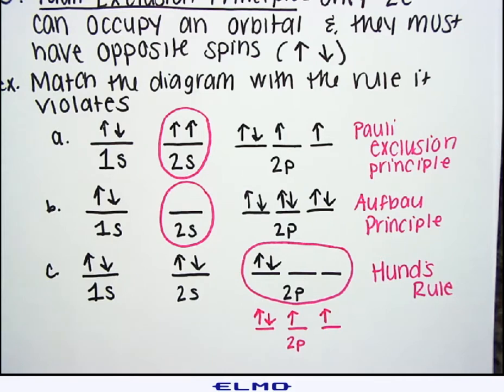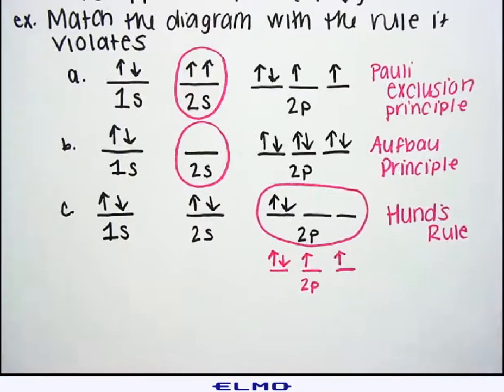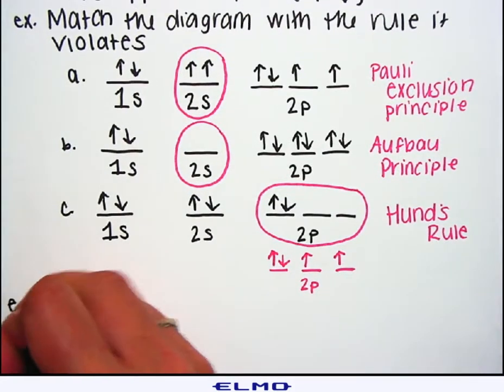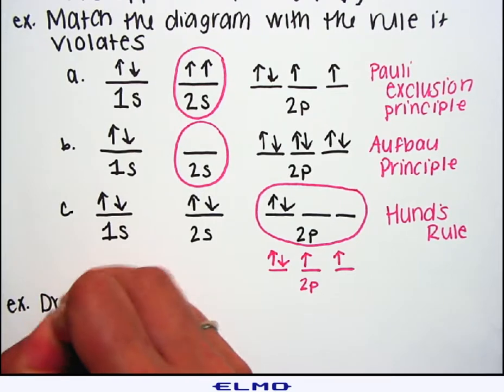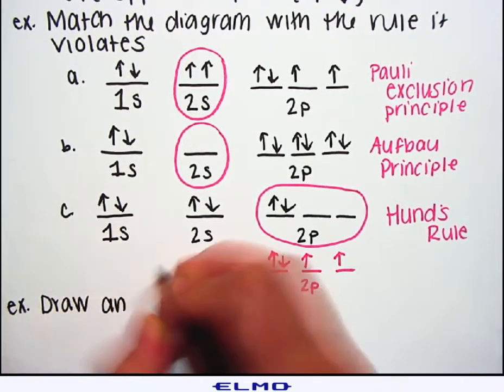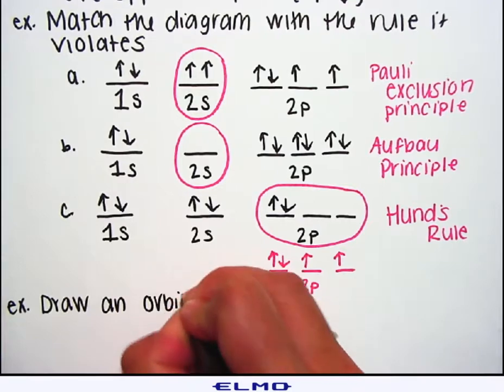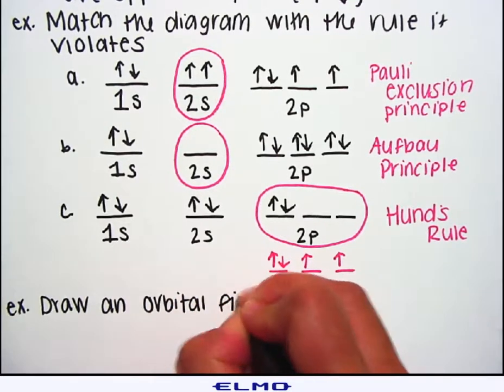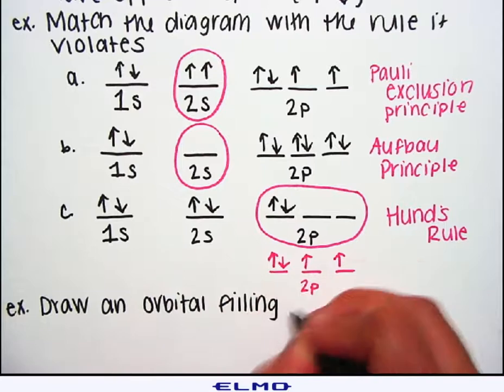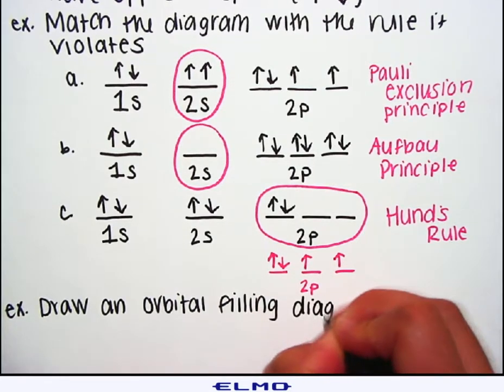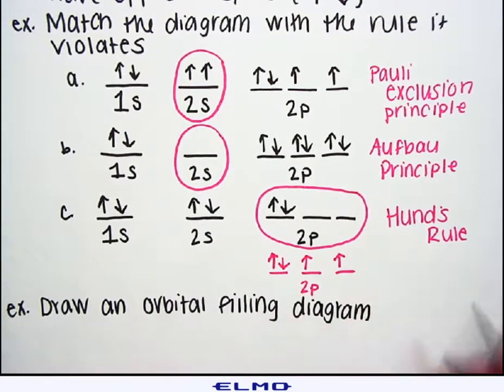Alright, lastly, let's do one that is correct. Draw an orbital filling diagram. Let's do carbon.